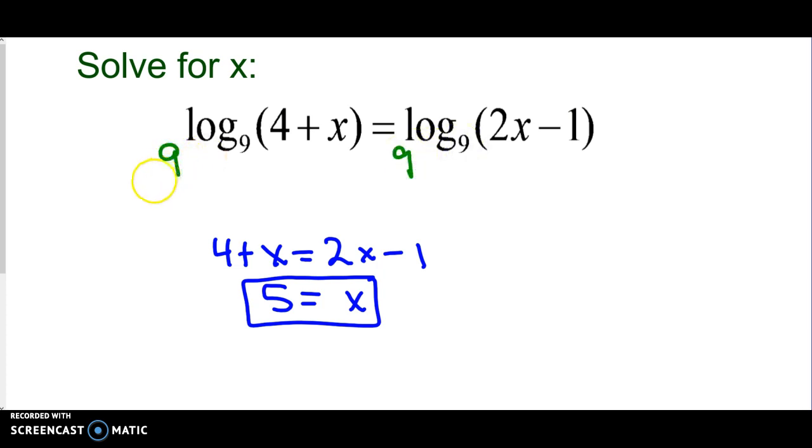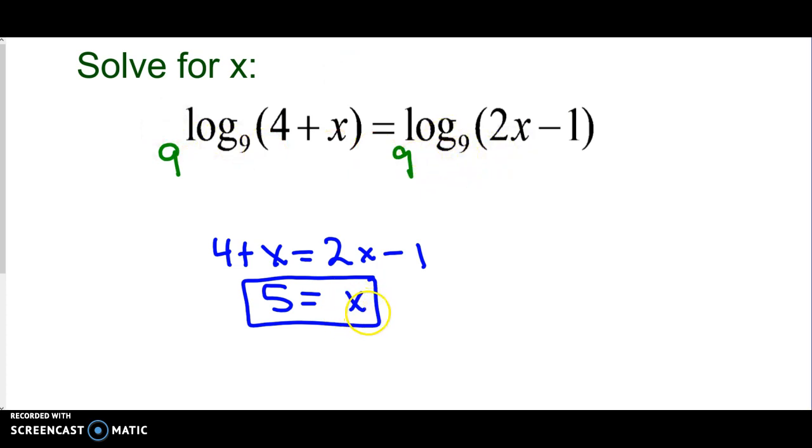Well, if I have 9 to the log base 9 of this equals 9 to the log base 9 of this, well, I know that this part on the left side here is 4 plus x, and this is 2x minus 1. So that's truly what's happening. Again, it's not like we're just canceling out the log base 9, because that doesn't stand alone. I get x equals 5.